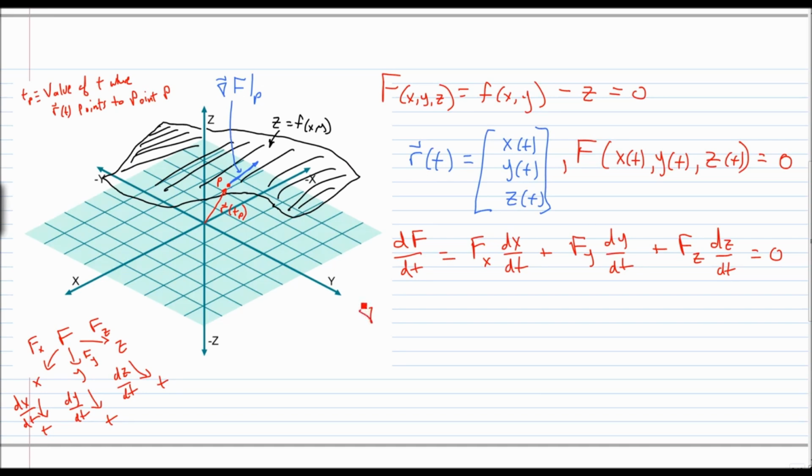We know that the gradient of f is going to be a vector of f sub x, f sub y, f sub z. So we can see these terms right here.